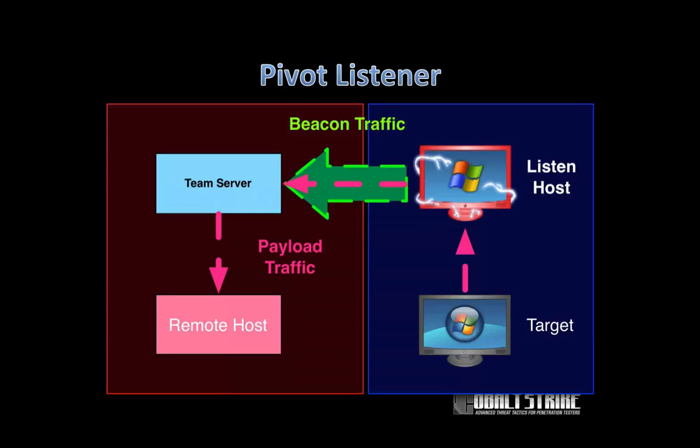And when we do, the target will connect to the listen host that is our redirector. The listen host will tunnel that connection back to the team server, and the team server will in turn route that traffic on to whatever forward host and forward port we specify. Okay? So that is the concept of a pivot listener.